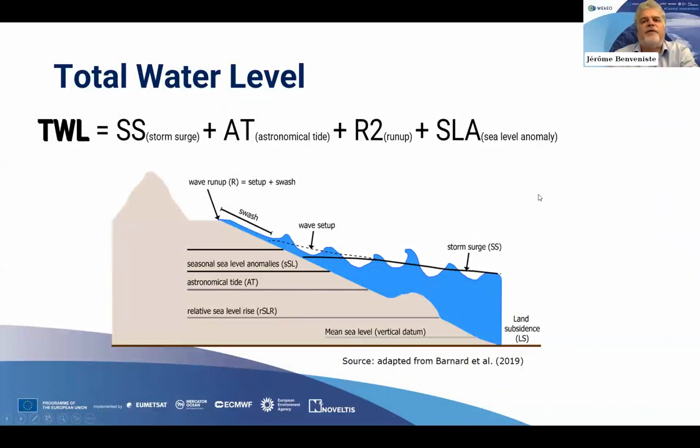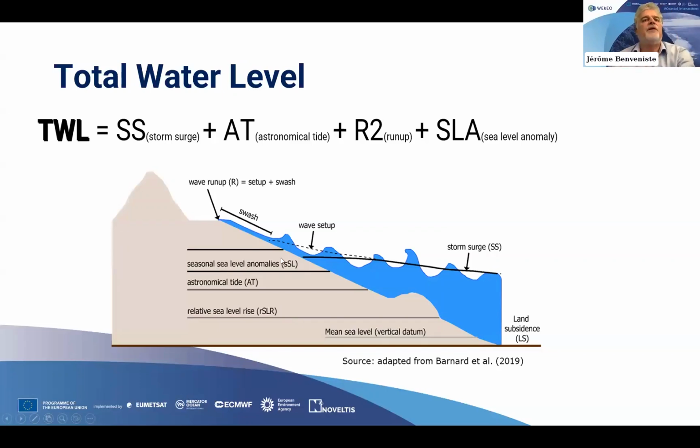So here you start with the mean sea level, and then you take into account land subsidence. So basically the land goes down, and then things go up, like the relative sea level rise. The tide goes up and down with different amplitude and variation across time.